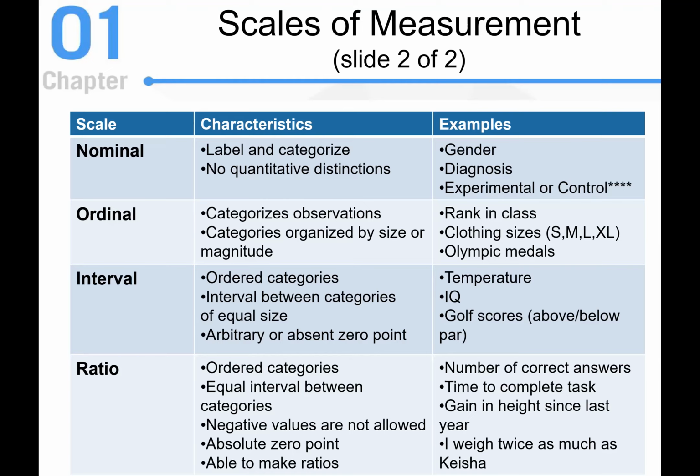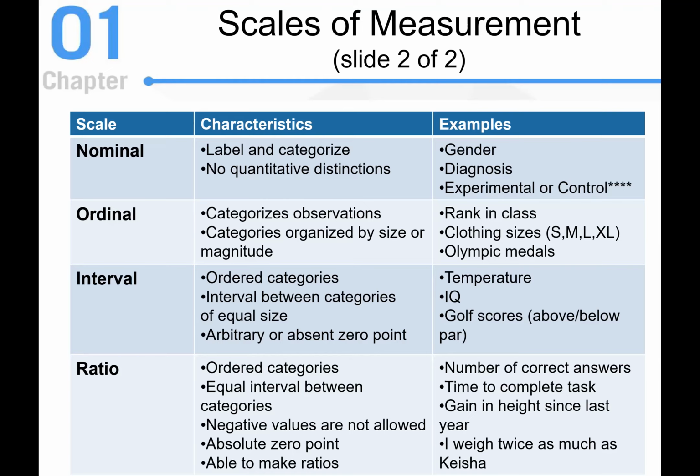Now going up in complexity, we have what are called ordinal variables. And the word ordinal essentially means rank. In a nominal variable or nominal scale of measure, we have categories of observations.